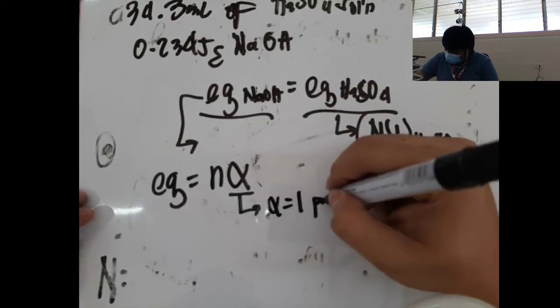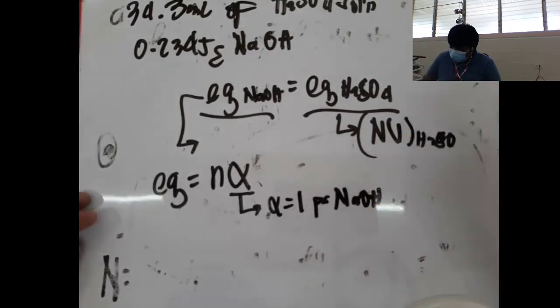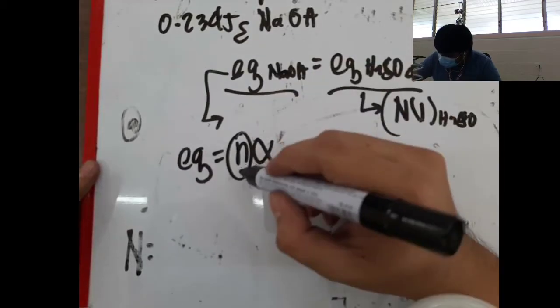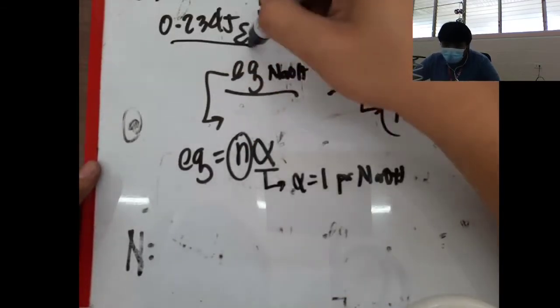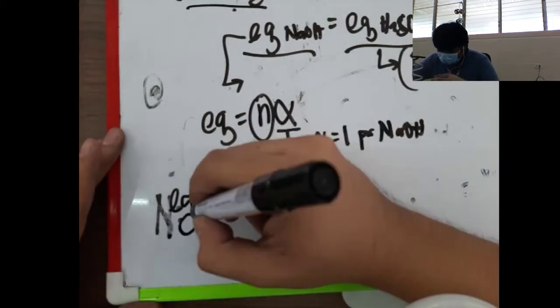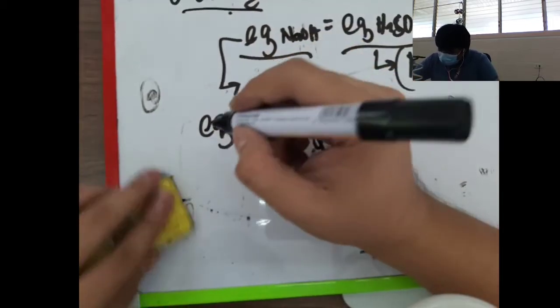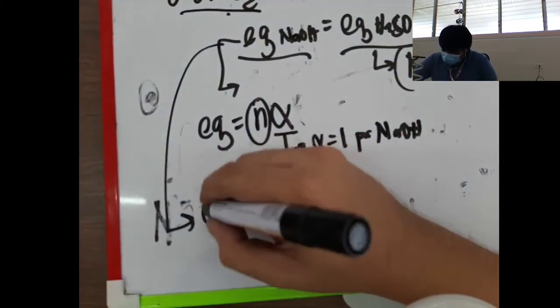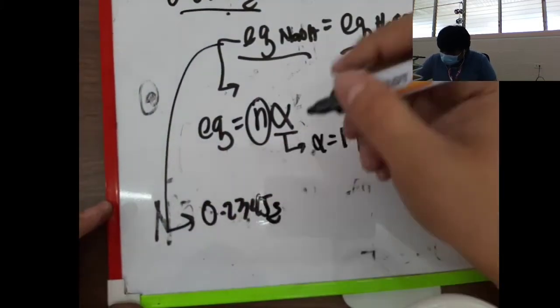So the number of moles can be obtained by converting this to moles. Therefore, the equivalence of NaOH will be 0.2345 grams of your sodium hydroxide.